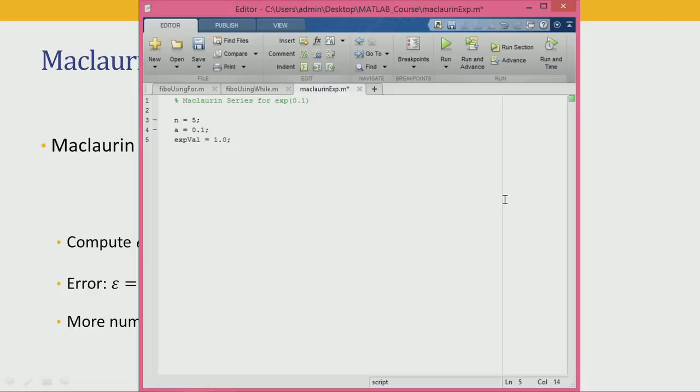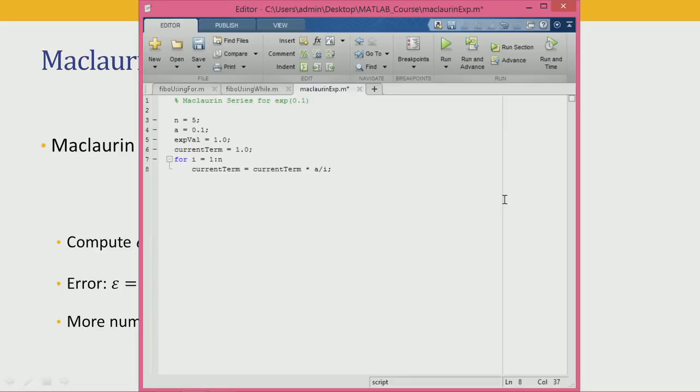So, that is what we are going to do. We will call current term as 1.0, and we will use a for loop for I equal to 1 to n, okay, and current term equal to current term multiplied by a divided by I.